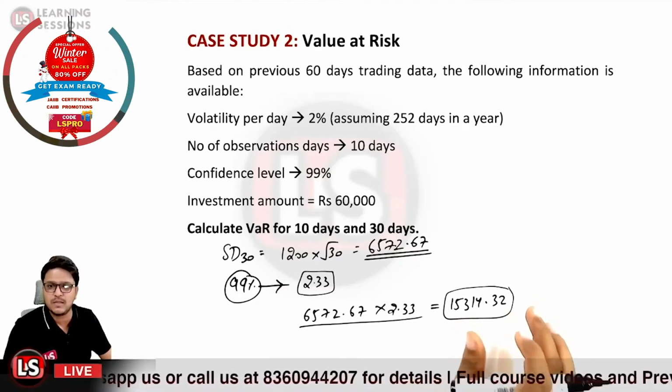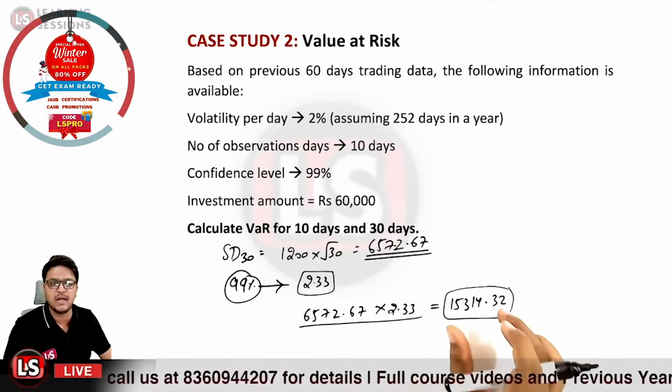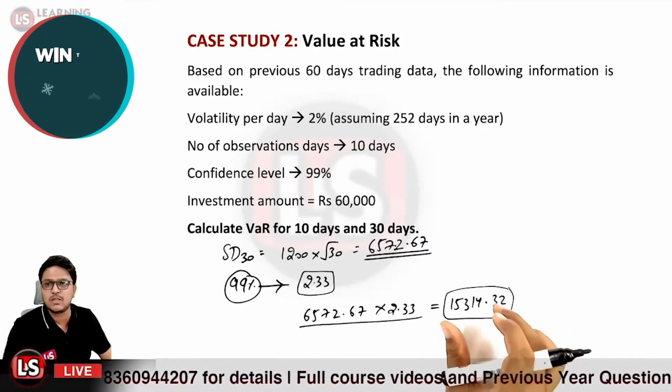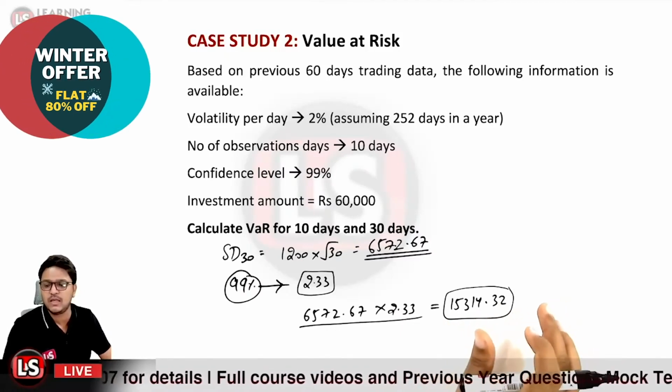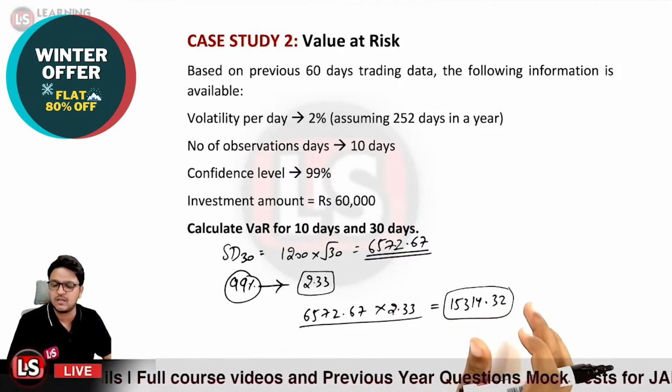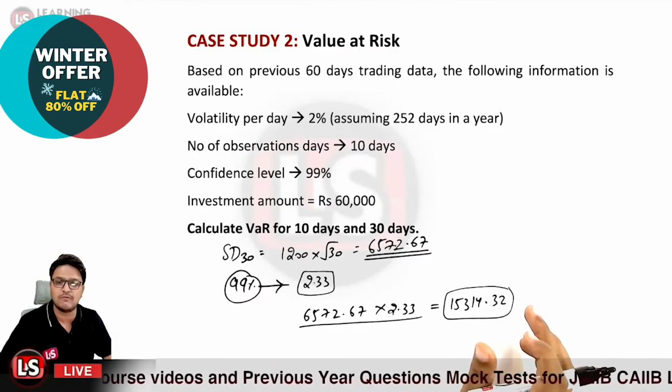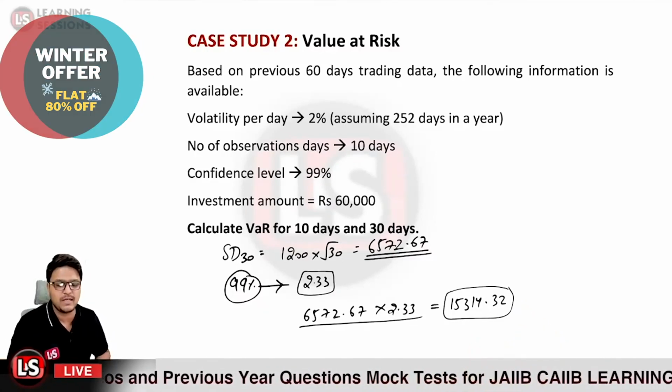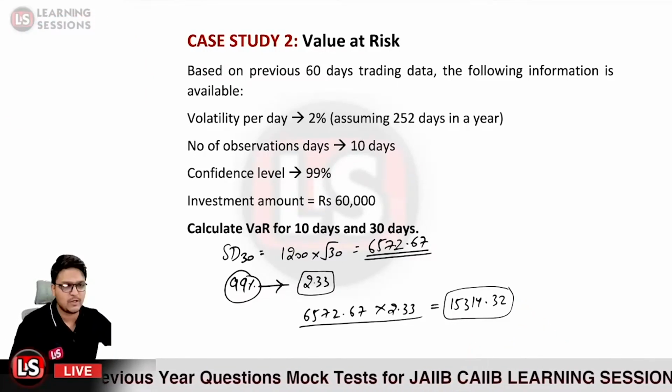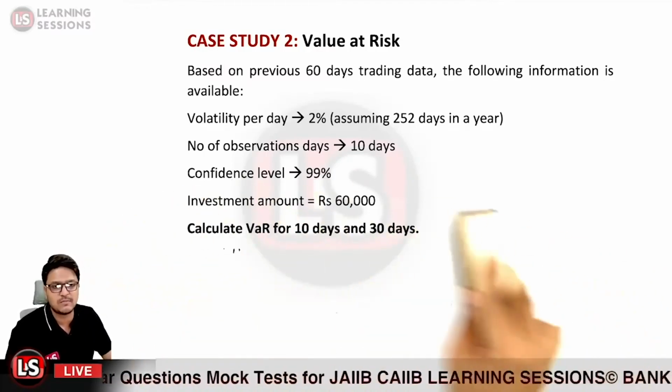Otherwise your risk will be contained to the limits of 15,314 in 99% of the cases. Is that clear? So that is the value at risk. I hope you have understood this concept as well.